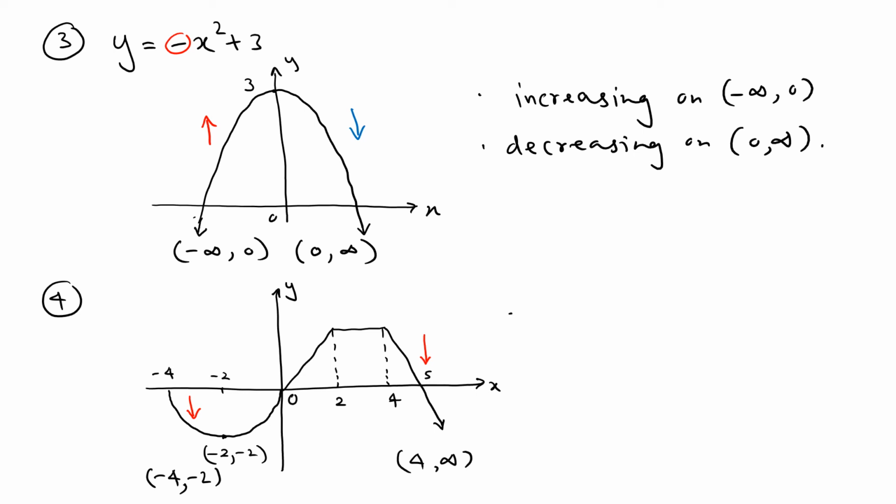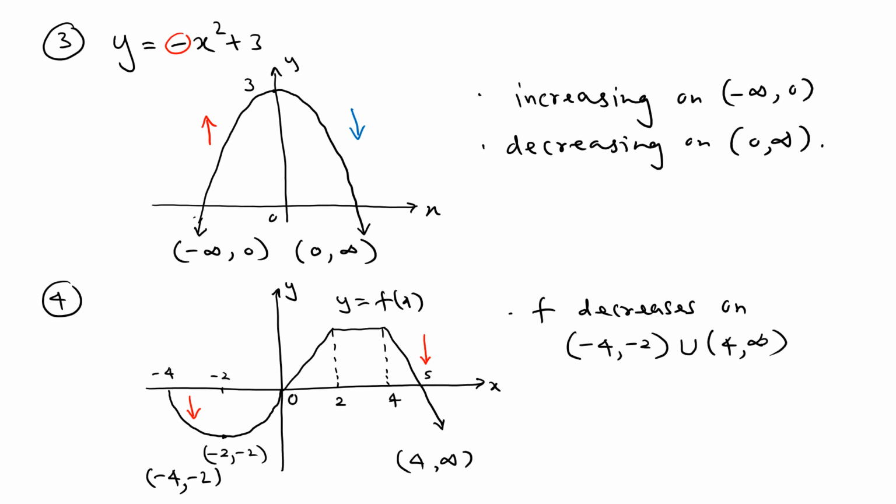So if you say the function y equals f(x), you can say f decreases on. So write the two intervals and put the union for that. So you can say -4 to -2 union 4 to infinity.